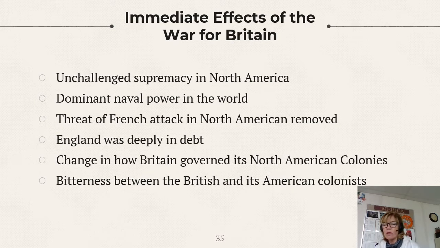So what the English do, they pivot and they really change how they govern North America. And there's some prevailing thoughts that they keep with them and the Americans, where there's all this friction between the American colonists and the British following the war, over the fighting of the war, over paying for the war, a lot of different aspects of it.